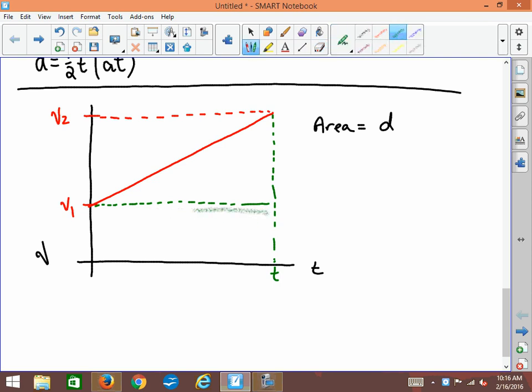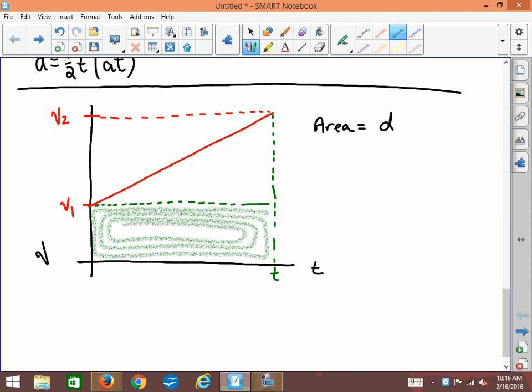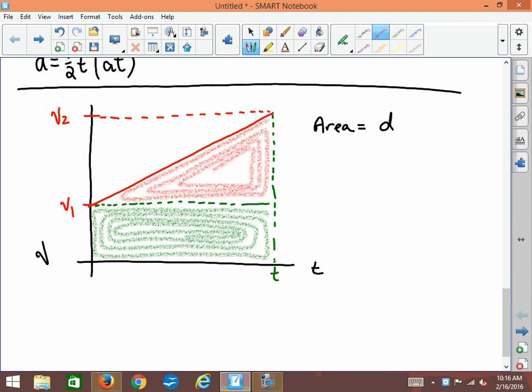I have this area down here that has to be considered. And I also have the area above it, which is a triangle. See, it's the area between the line we've drawn, the red line, and the black t-axis. So I also have this triangle area that has to be accounted for somehow. So I have to add up two areas to get the area of this. So that's what I'm going to do.